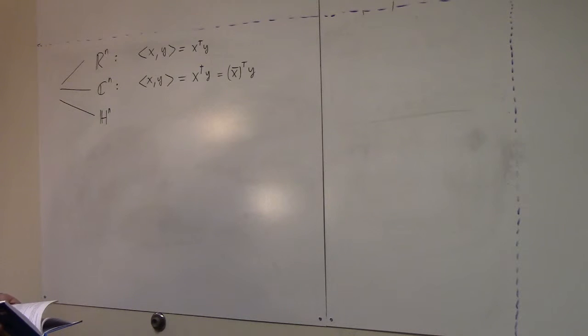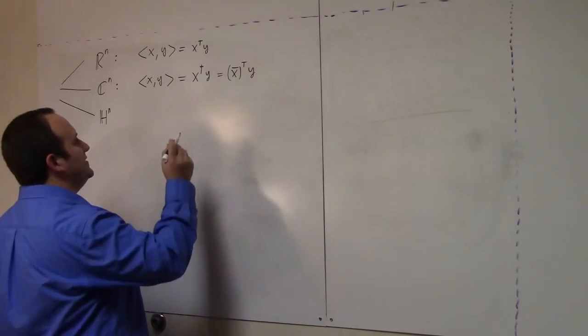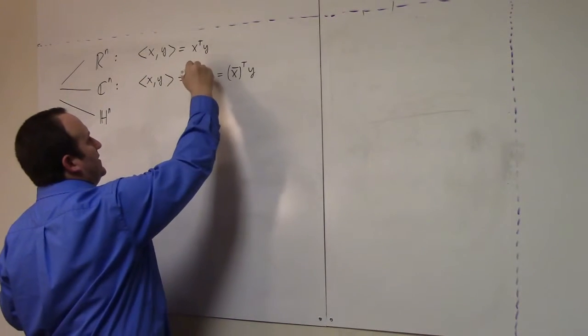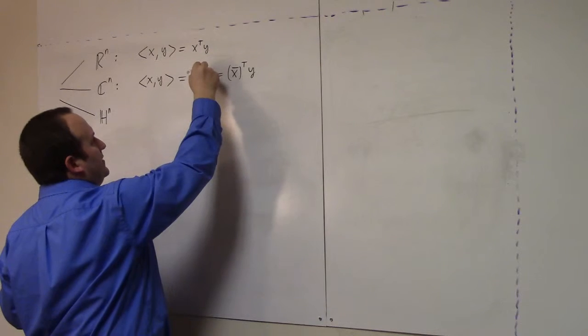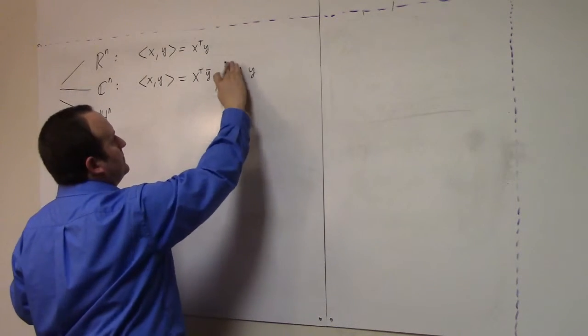You could go a couple different ways here on the formula. Oh, sorry. Let's try that again. So what we're going to do is x transpose y conjugate. There we go.